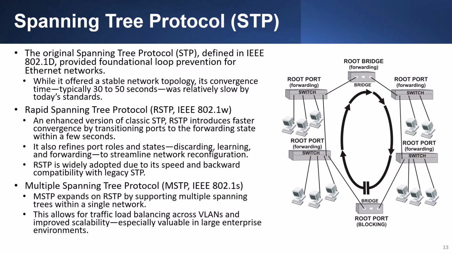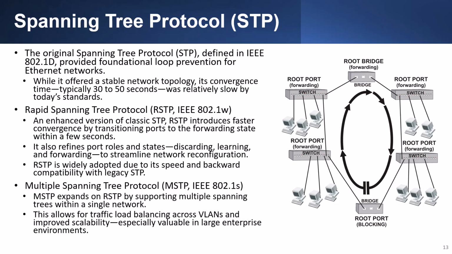The original Spanning Tree Protocol, defined in IEEE 802.1D, provided foundational loop prevention for Ethernet networks. While it offered a stable network topology, its convergence time, typically between 30 and 50 seconds, was relatively slow by today's standards. Rapid Spanning Tree Protocol, or RSTP, as defined in IEEE 802.1w, is an enhanced version of the classic STP.